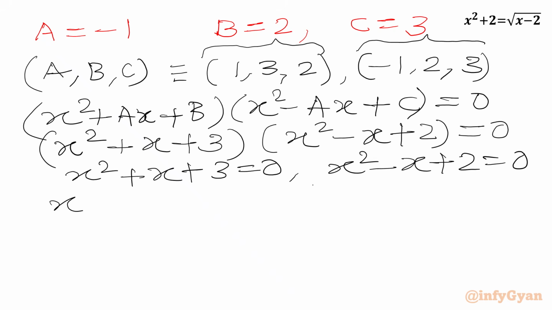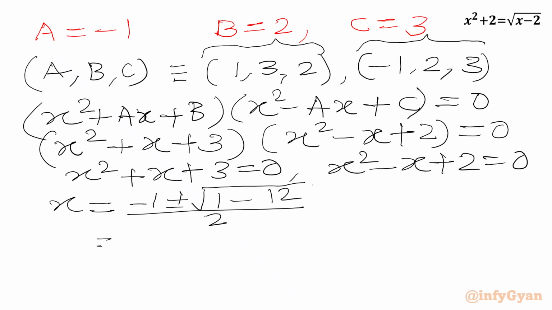Again, we are going to use the quadratic formula, minus b. So we'll write -1 plus minus square root of b square, which is 1 square. I'm writing 1 minus 4 times 1 times 3, minus 12, over 2 times 1, which is 2, which will be equal to -1 plus minus square root of -11 over 2.